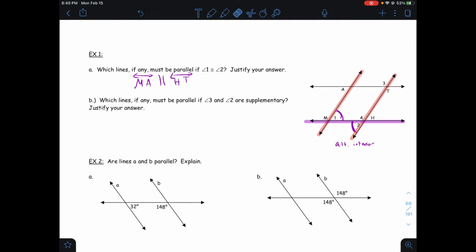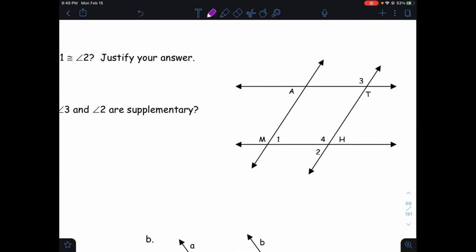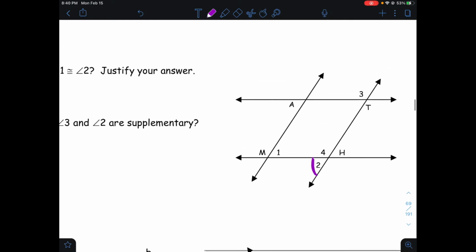All right. Then we have more stuff here. It says, which lines, if any, must be parallel if 2 and 3 are supplementary? So we've got 2 and we've got 3. All right. So these guys end up being same side exterior.